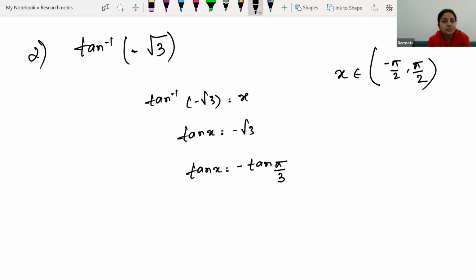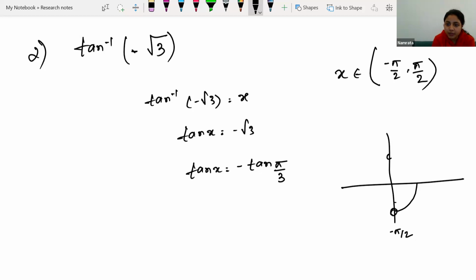Here also we have to think about what can be taken. Here also we know the range is minus pi by 2 open interval to pi by 2 open interval.